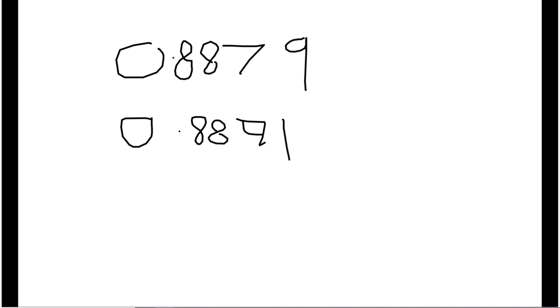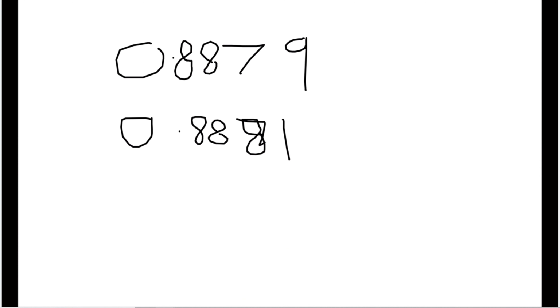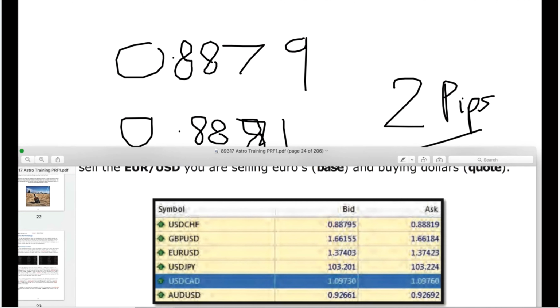Sorry, my bad, 8881. All right, anyway, guys, it's in the book. The fifth decimal here, I've ignored again. I've just explained why. So we want to go 1, 2, 3, 4. So if we go from 79 to 81, simple maths, guess what? It is a difference of 2 pips.